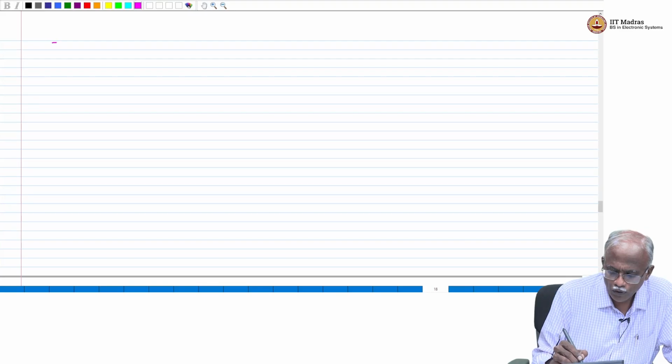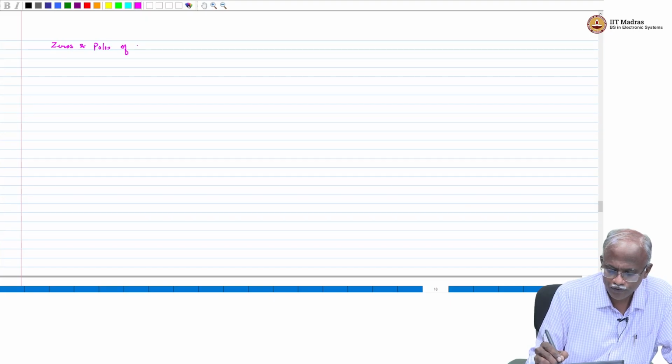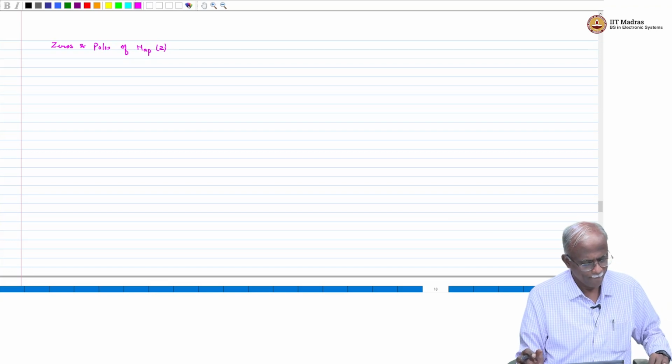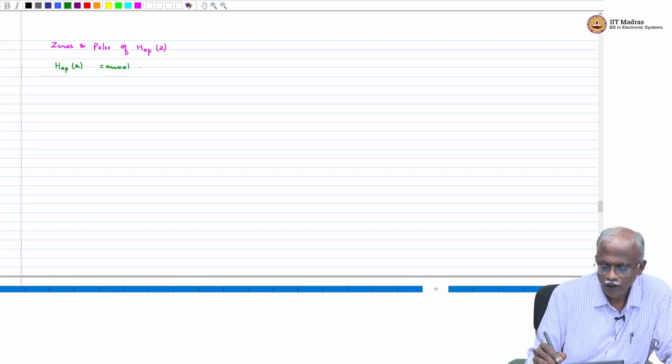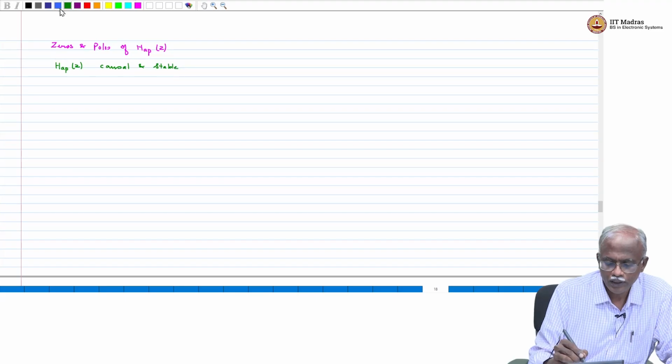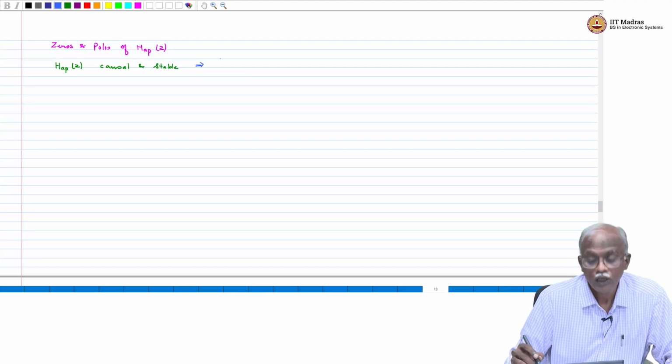So I want to now look at the zeros and poles of the all pass function HAP of Z. Okay, very important. Now if I want the all pass function to be causal and stable, what can you tell me about the poles?